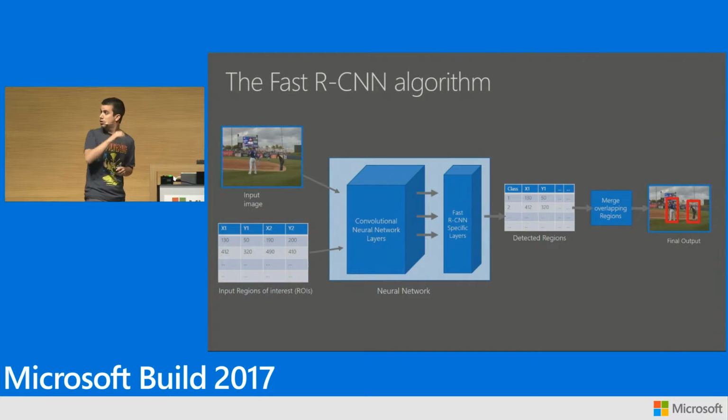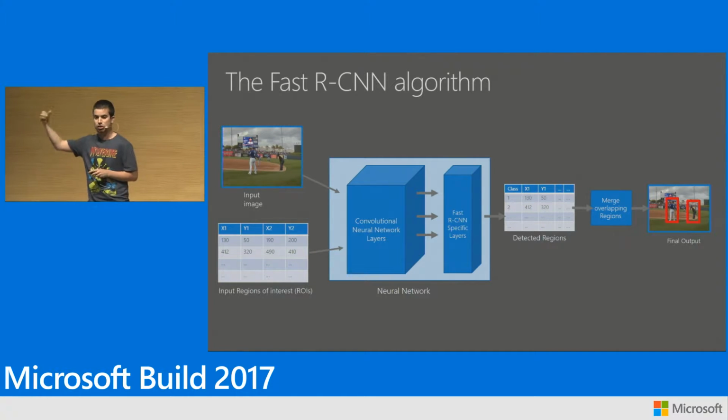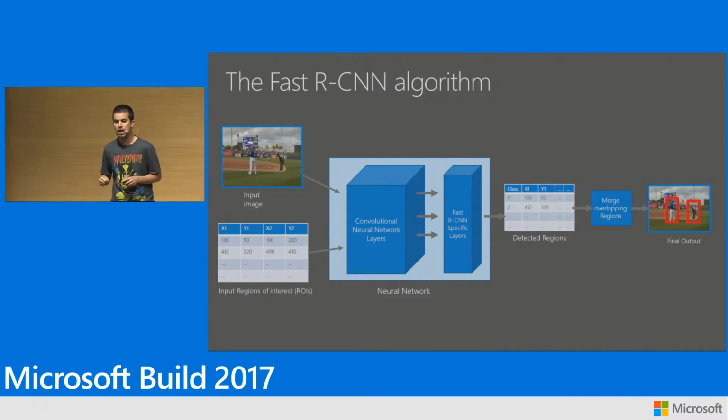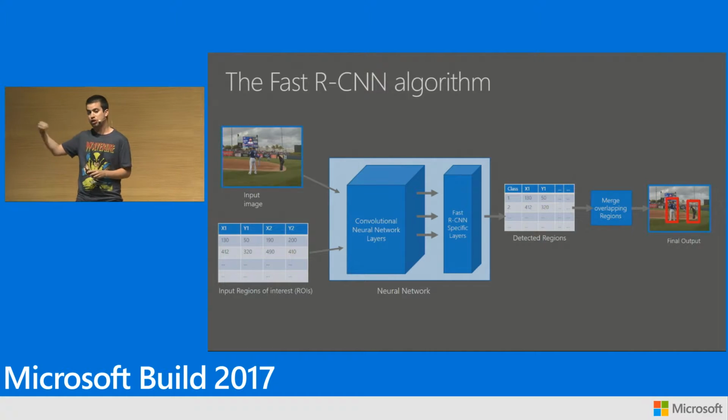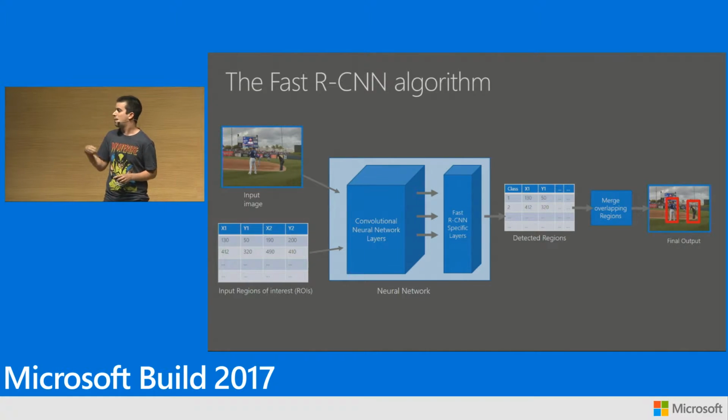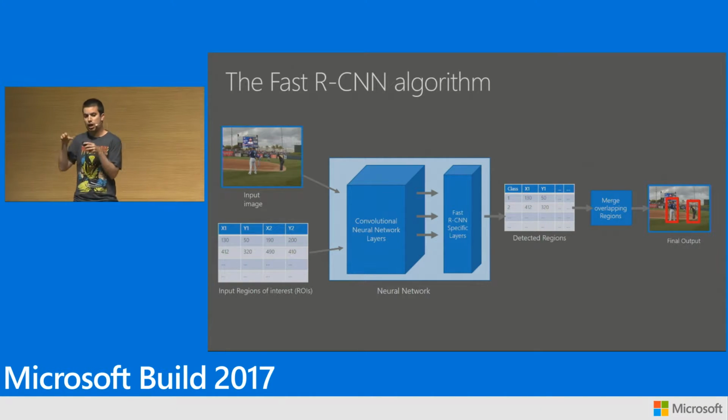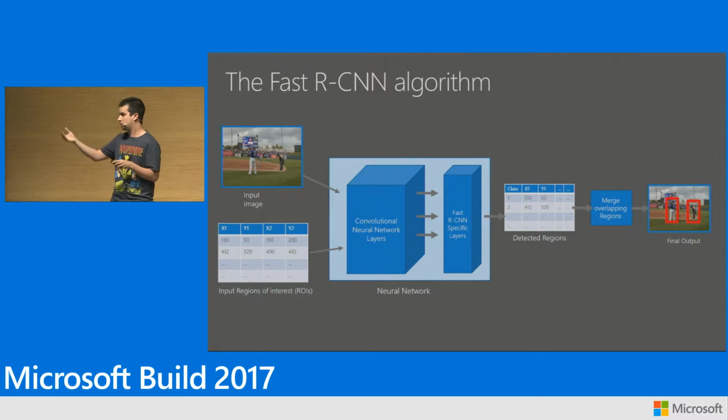In our project, we used CNTK and an algorithm called Fast R-CNN, which stands for Fast Regional Convolutional Neural Network. This is an algorithm developed by Microsoft Research two years ago. It achieved state-of-the-art results on object detection. It builds on top of an object recognition system and uses a method called transfer learning in order to build on top of an existing neural net and build other neural nets that can detect objects.